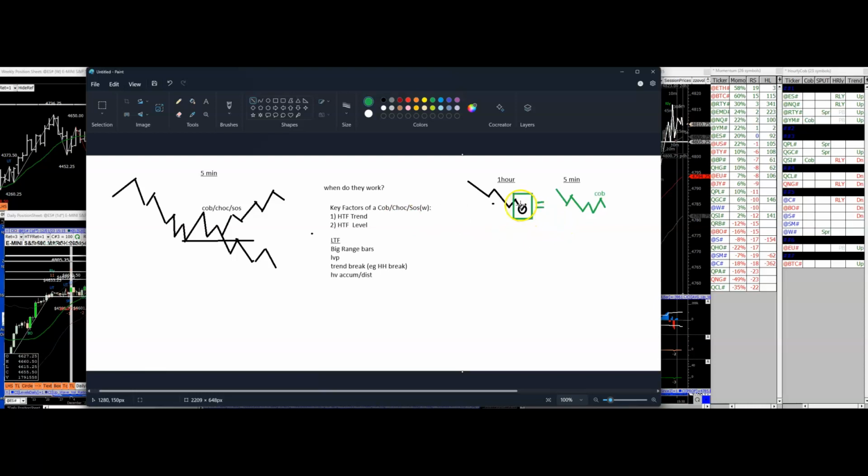You try and judge whether this little thing right here is a change of behavior, let's say at a support level.